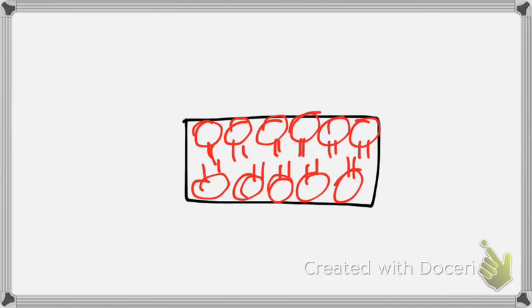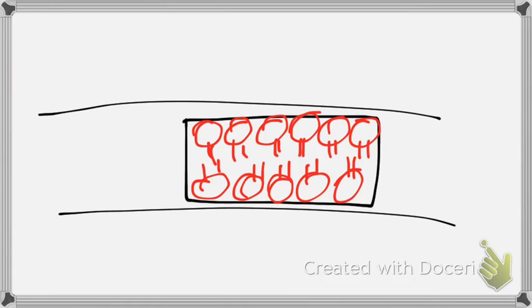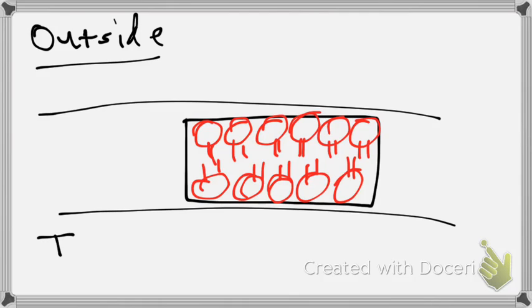I'm going to go all the way across because this is our entire layer. This is outside of the cell. So what would be down here? If this is outside, this is inside the cell. So outside, inside.